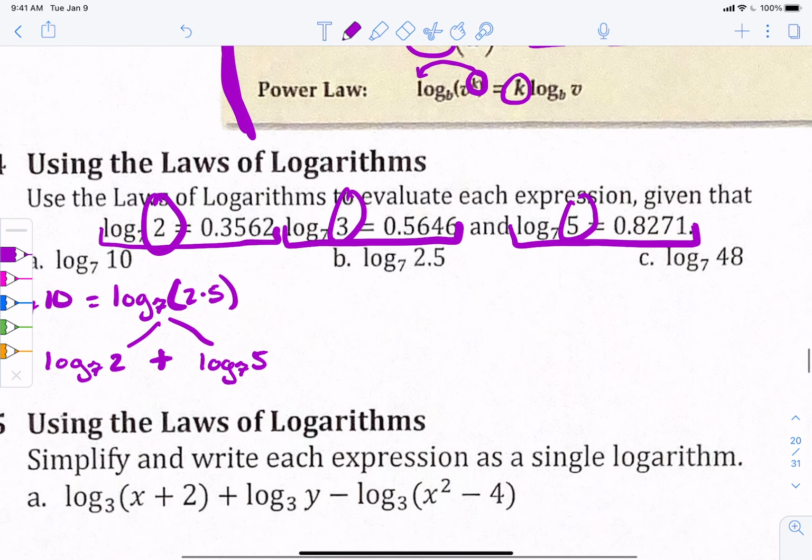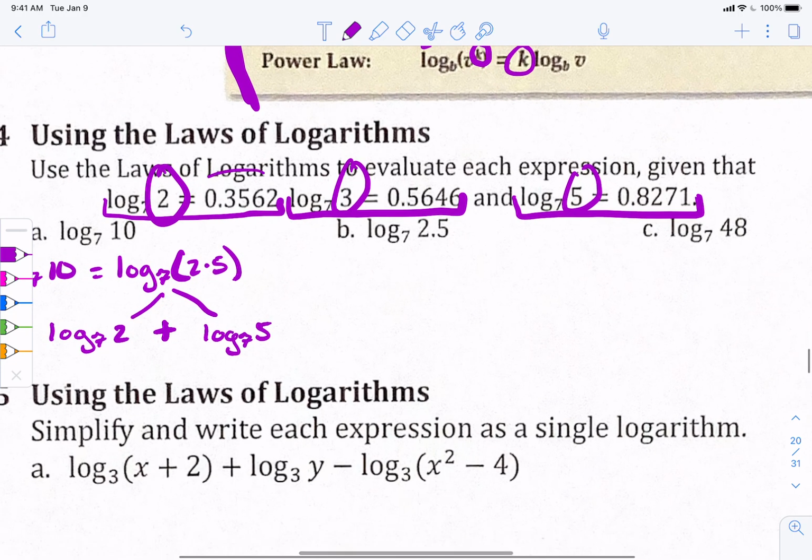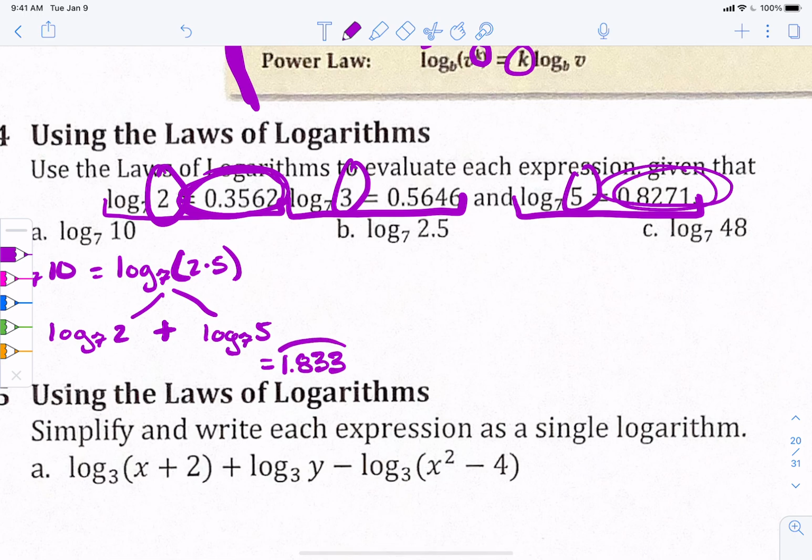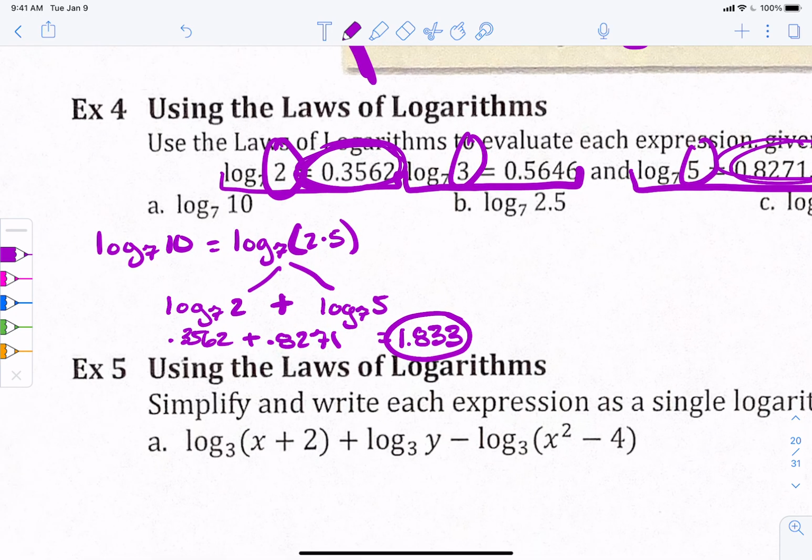Log base 7 of 2 is this number here. Log base 7 of 5 is this number here. If you add them together, you get something. 0.3562 plus 0.8271, which is 1.1833. Good so far?